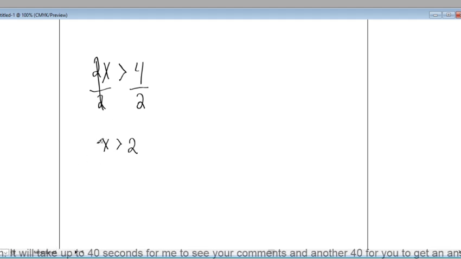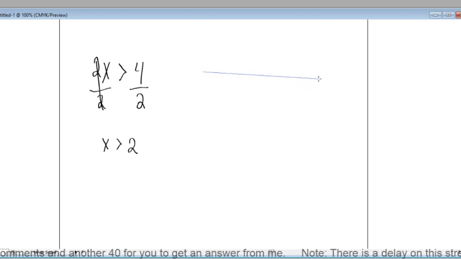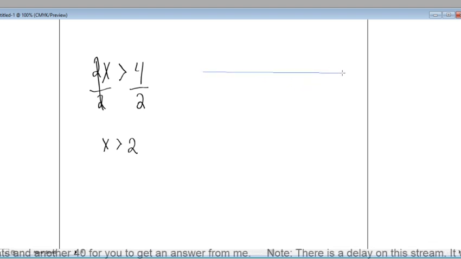So this is where we have to start thinking about what our solution actually looks like here. What are we going to say our solution is? Well, it's actually a really good idea to graph our solutions when we do something like this. So I'm going to make a number line.